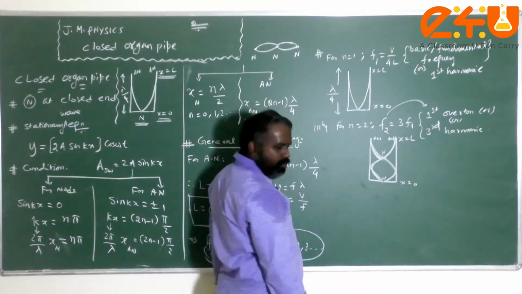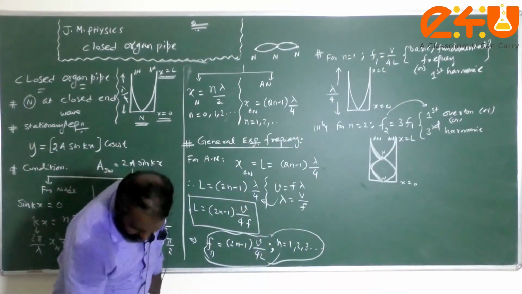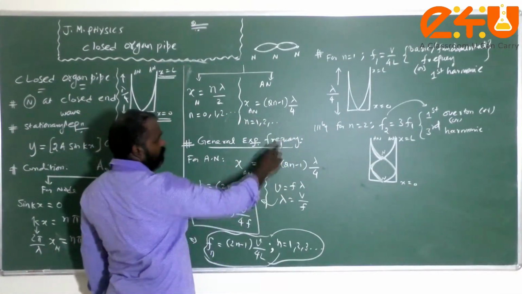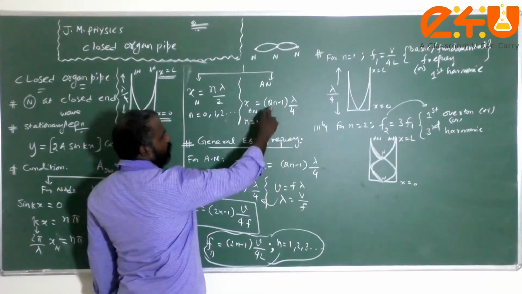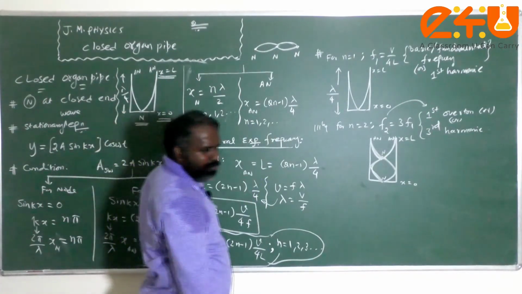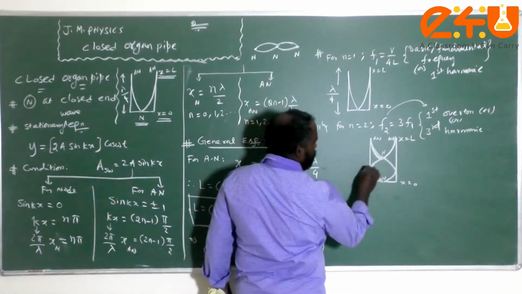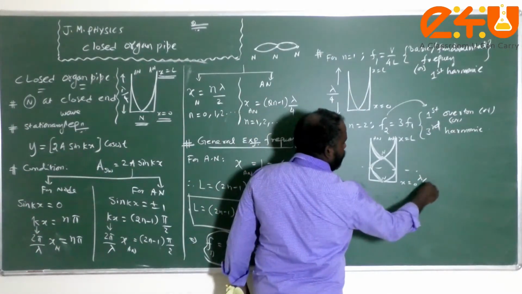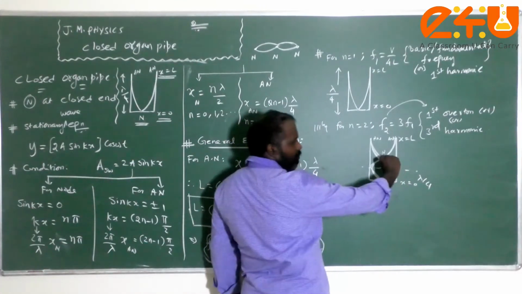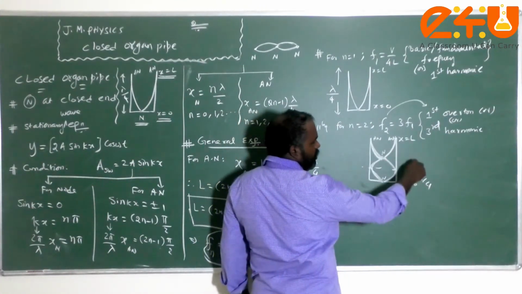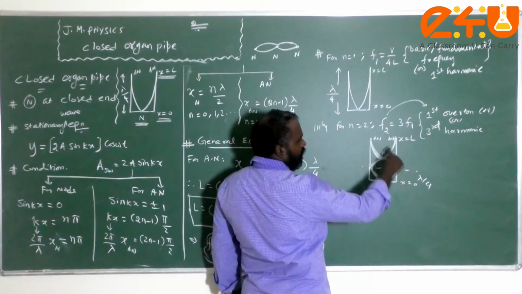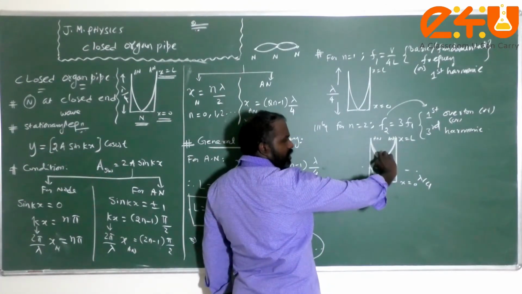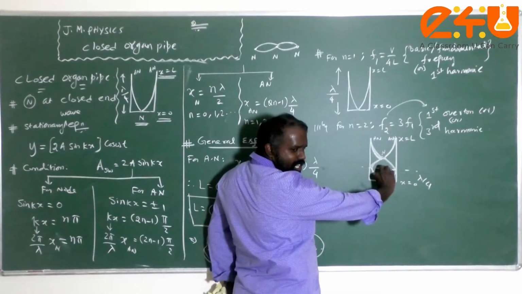So here, what is the length? If N is equal to 2, the position of the antinode is at a distance of 3 lambda by 4. Up to this is 1 lambda by 4, up to this another lambda by 4, altogether lambda by 2, and this is another lambda by 4.